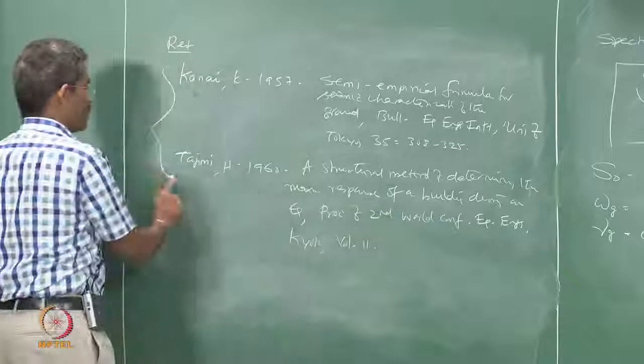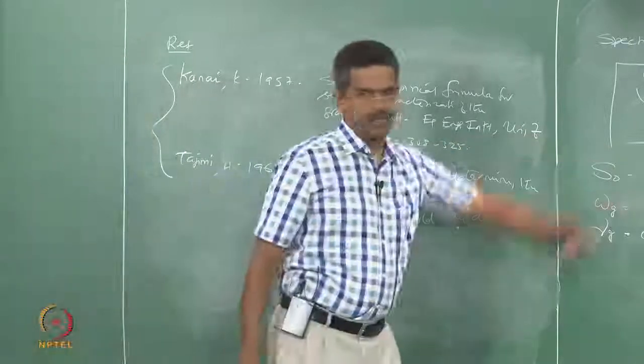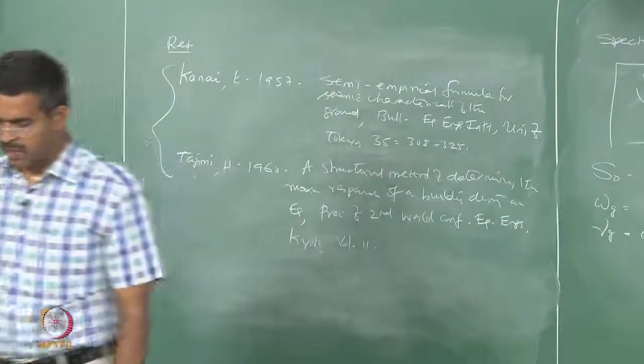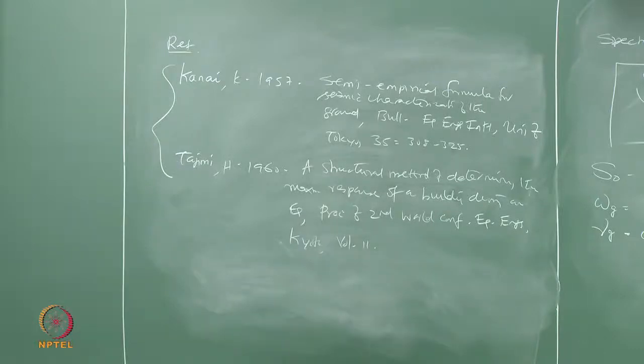So, this is what we have, the Kanai-Tajimi power spectrum given in the year 1960 by both these people.